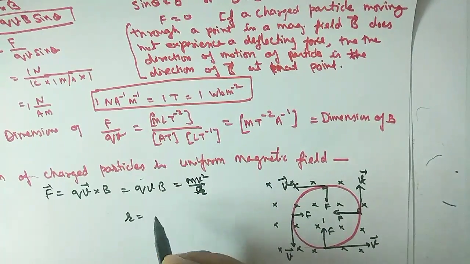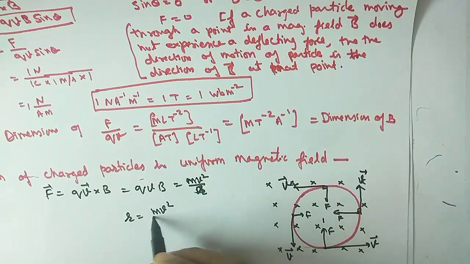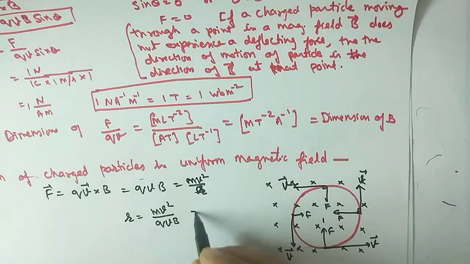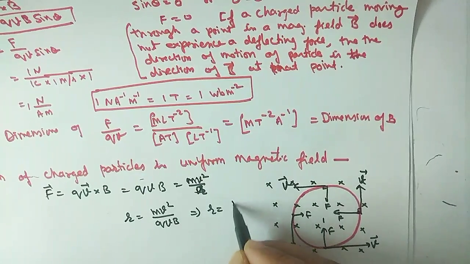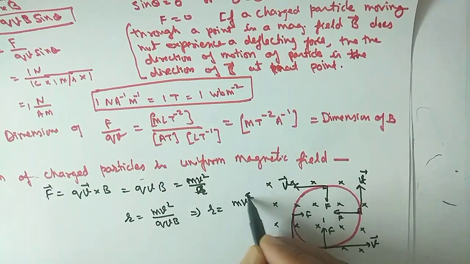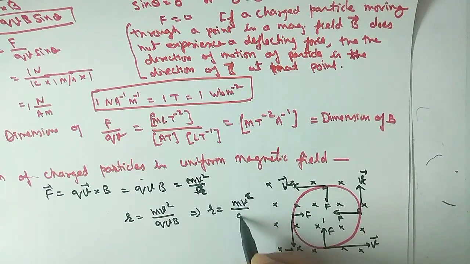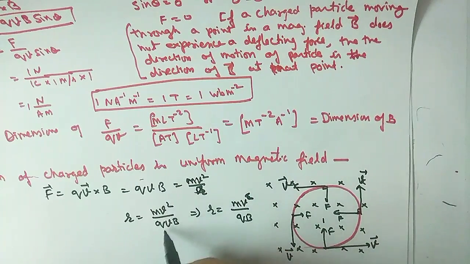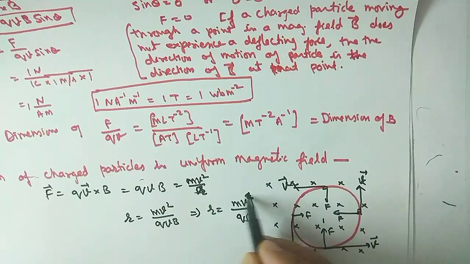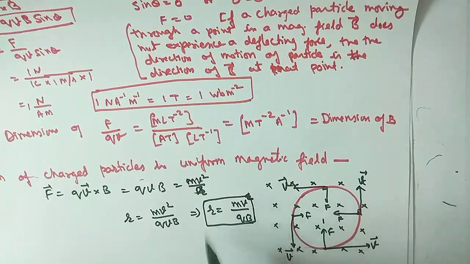So r is equal to mv square upon qvb, or we can write r is equal to mv upon qB, as one v is cancelled. This is r, the radius of the circular path.